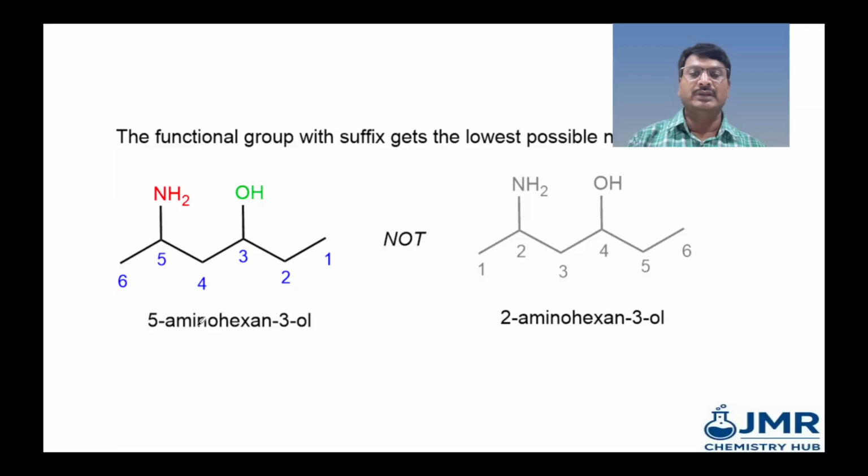Okay, come to one more example which contains two functional groups. I already told you, when a compound contains two functional groups, one is treated as the functional group and the other is treated as a substituent. Which is treated as functional group and which as substituent depends upon the priority.